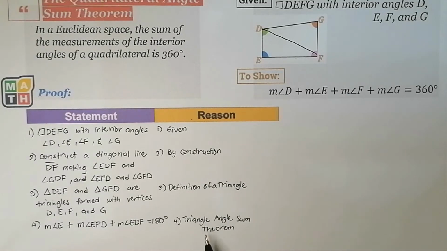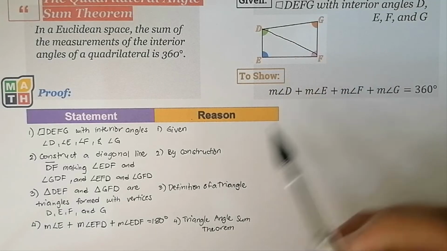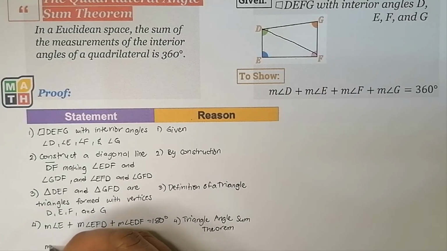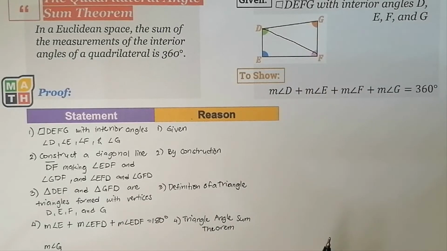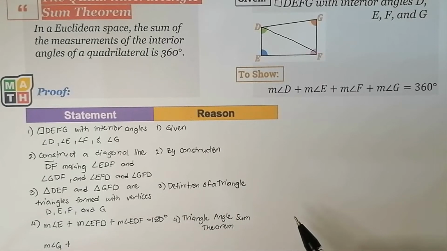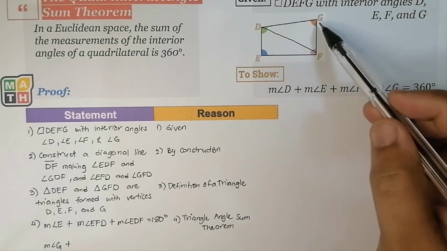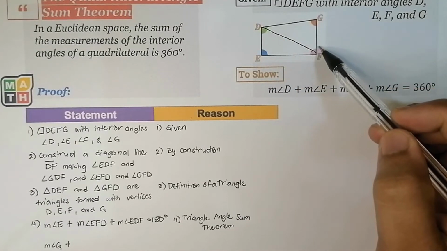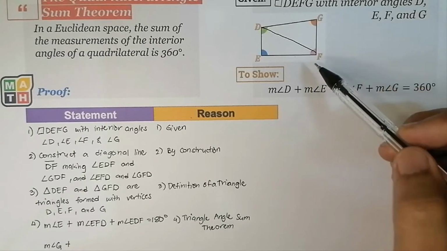This is also true for the other triangle formed, the triangle GDF, having the measurement of angle G, this one here, plus the measurement of angle GFD, this angle here, not necessarily angle F, but this only is a part of that, GFD.